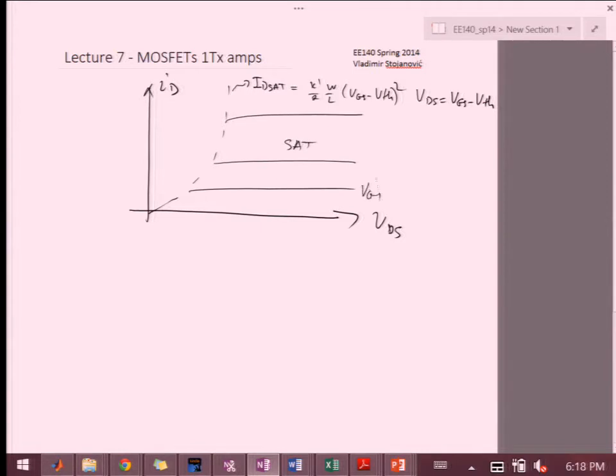So this is VG1, VG2, VG3. And in triode, or linear region, we have these lines. This is just a single transistor; wherever I put it, it will have these characteristics. Now I can add an additional curve that tells me what operating conditions I'm imposing on that transistor by adding the load resistor.